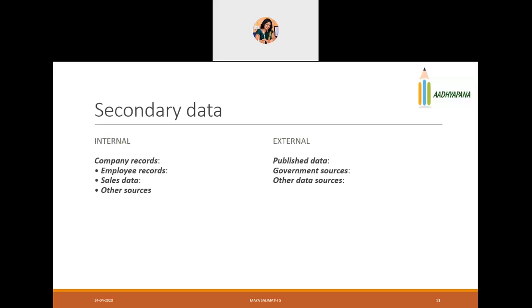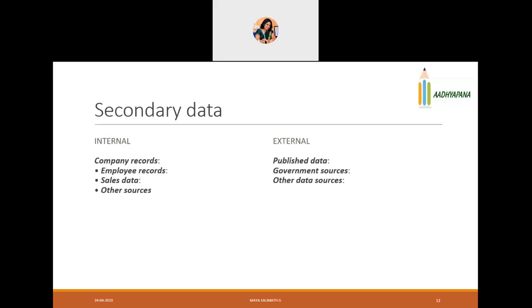Now, the sources of secondary data: internal data through the company records, employee records, sales data, and other sources of the company. And external data is published data from government sources or any other sources, like newspapers and magazines which have been published.